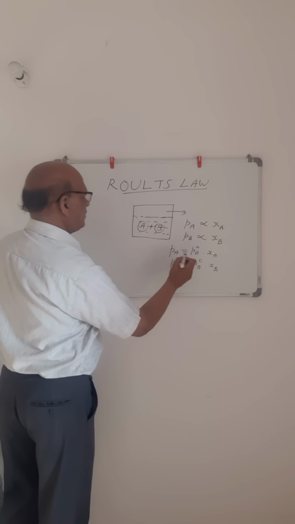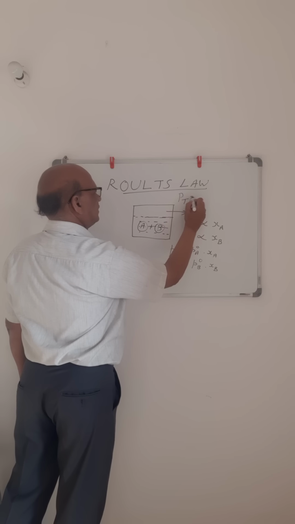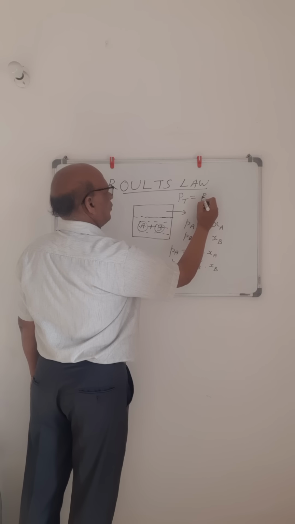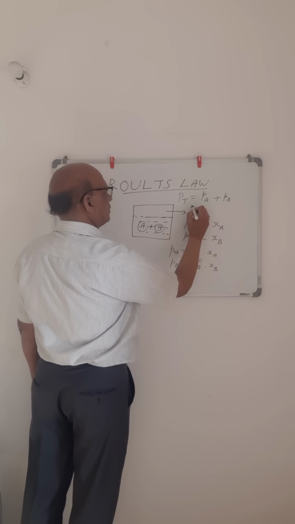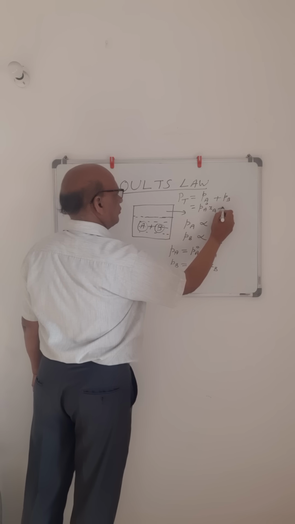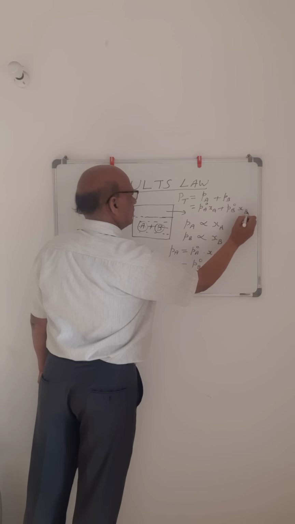So as per Dalton's law, we can say that the total pressure exerted over the solution will be the sum of the partial pressure of A plus the partial pressure of B. That is nothing but PA naught XA plus PB naught XB.